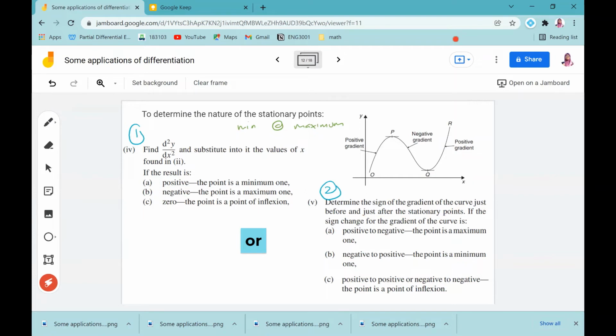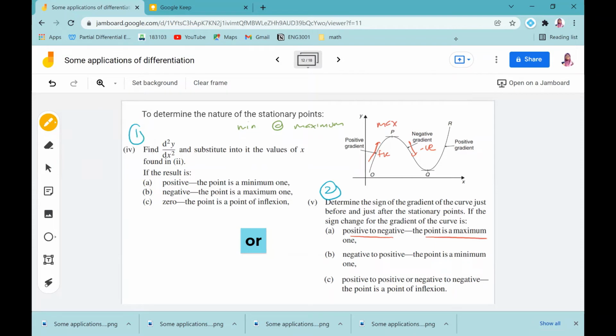Let's say we find the gradient of the curve like this. If it goes from positive to negative, the point is maximum. So the point P here is maximum.